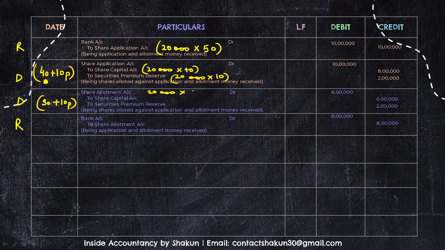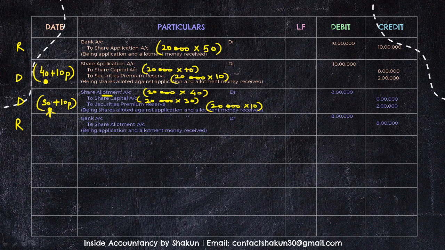So 20,000 into 40 gives us 8 lakh. Share capital 20,000 into the actual rate of allotment, that is 30, gives us 6 lakh, and then 20,000 into the rate of premium, that is 2 lakh, right? So when we are talking about allotment, we'll multiply by the allotment rate, that is 30.